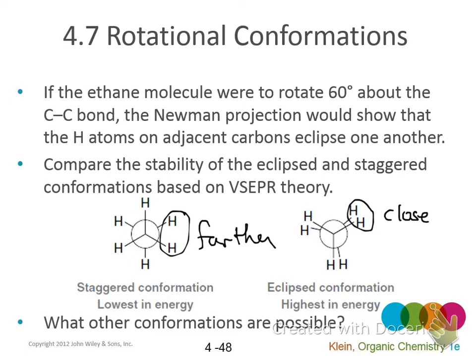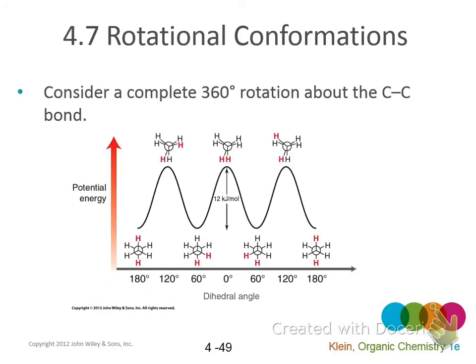There's a lot of other conformations that are possible as you change the angle degree by degree. And so what they like to do is actually simulate or measure that energy, and it looks something like this graph here. So at 180, we're going to identify these.